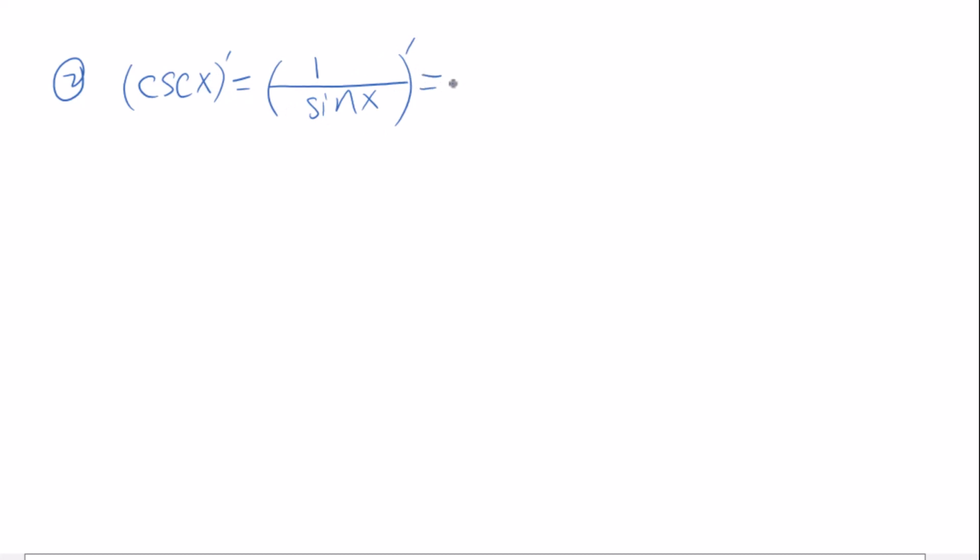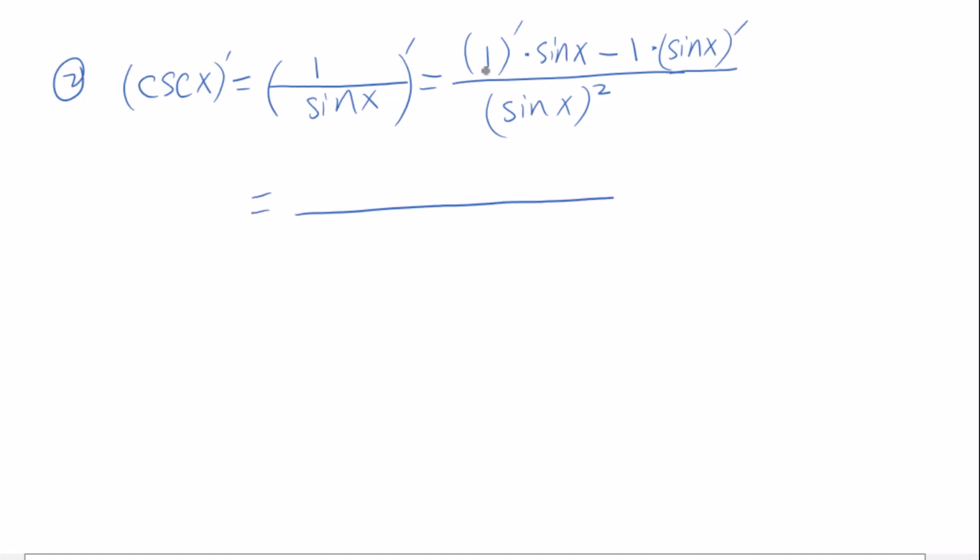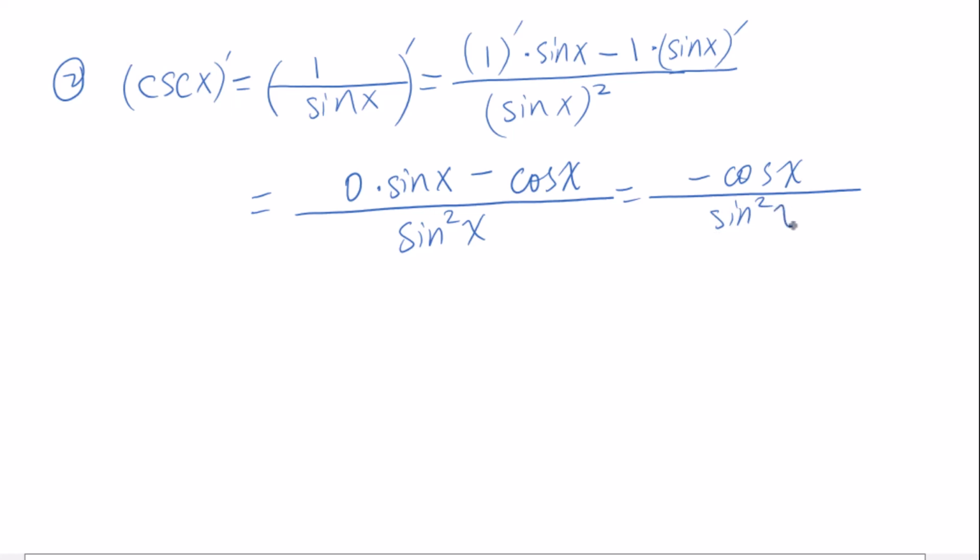Then using the quotient rule, sine square x in the denominator, the derivative of 1 times sin x minus 1 times sin x prime. 1 prime will be 0, times sin x, minus 1 times the derivative of sin x, which is cosine x, over sin square x. 0 times sin x is 0, so we have negative cosine x over sin square x.